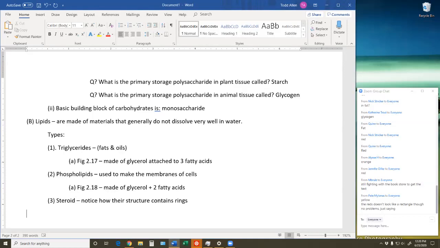Notice how their structure contains rings. I'll draw your attention to figure 219 here. Cholesterol, as an example. Now, we think about cholesterol from a dietary perspective, and everybody says, oh, I have to watch my cholesterol levels getting high. But please understand, folks, your body does need a homeostatic, normal, healthy amount of cholesterol.